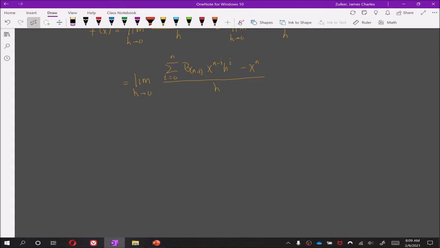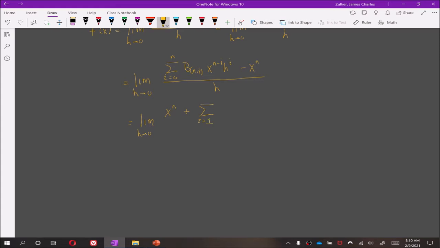If i is equal to 0, then b sub n 0 is going to be 1. So what's going to wind up happening is this is going to become the limit as h goes to 0 of x to the n minus 0, which is x to the n, plus now we continue the sum.